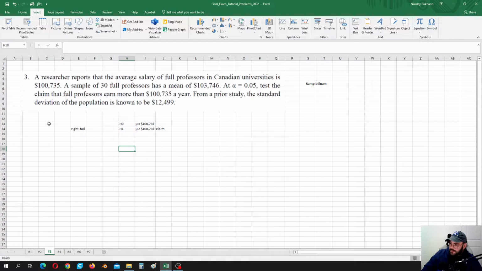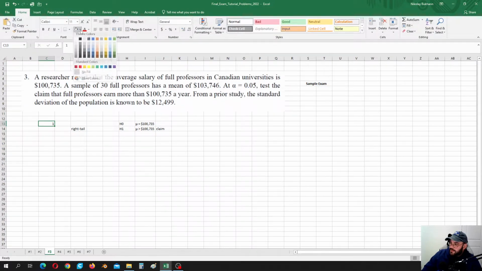This is our step number 1. We define H0 and we define H1. You can define those as I did here, or you can define them as mathematical opposites. Both representations of H0 and H1 are good, as we discussed in the quiz 2 tutorial. This step is important, and quite often I see that it is missing.